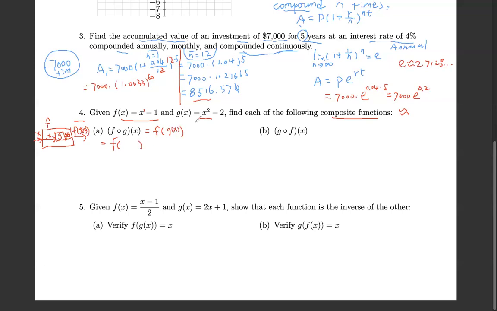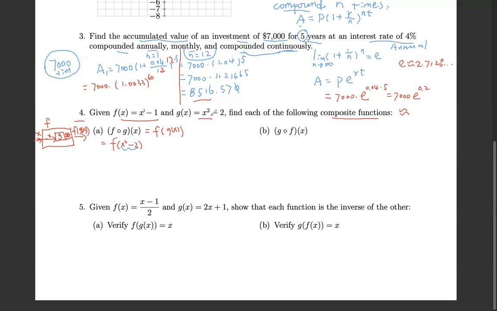So what is g of x? It is x squared minus 2. So we put it inside the parentheses. So now this is our input. Don't think about x, those x's are the same. Think about the x as just an empty container. Empty can be anything, can be any expression.